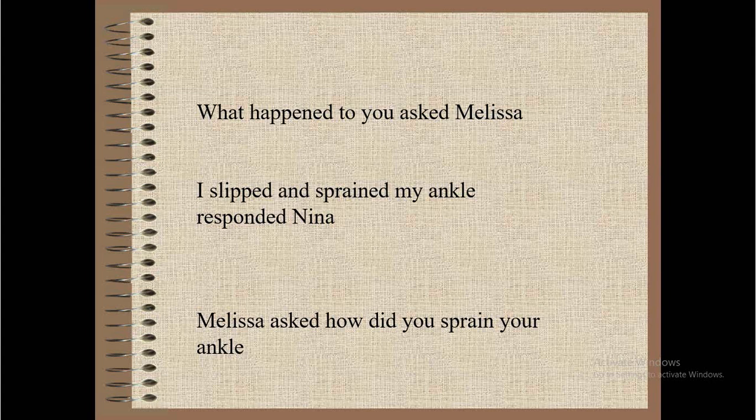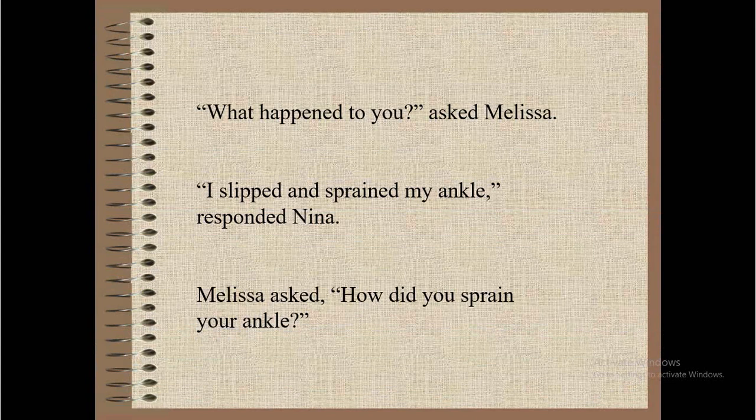Here, how are you going to end the quotation mark? You should put a comma and then close the quotation marks. And then after responded Nina, you should put a full stop. Now let's look at how it's answered. "I slipped and sprained my ankle," comma, close the quotation marks, responded Nina, full stop.